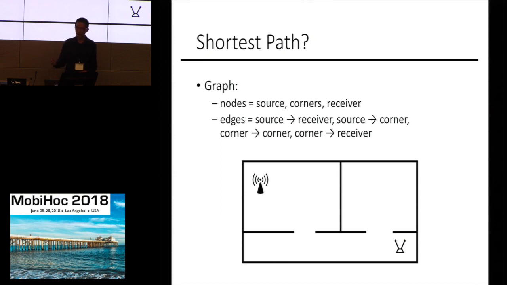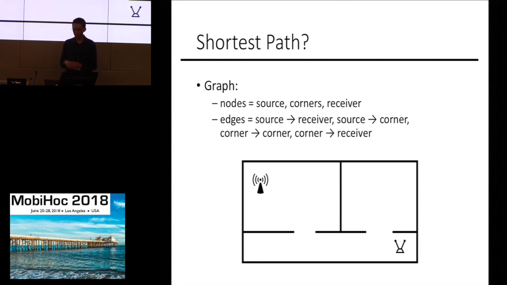In order to predict the signal strength at the measurement point, the main idea here is that we try to reformulate this problem as a shortest path problem. So in the first step, we like to generate a graph. In order to do this, let's consider this indoor floor plan.